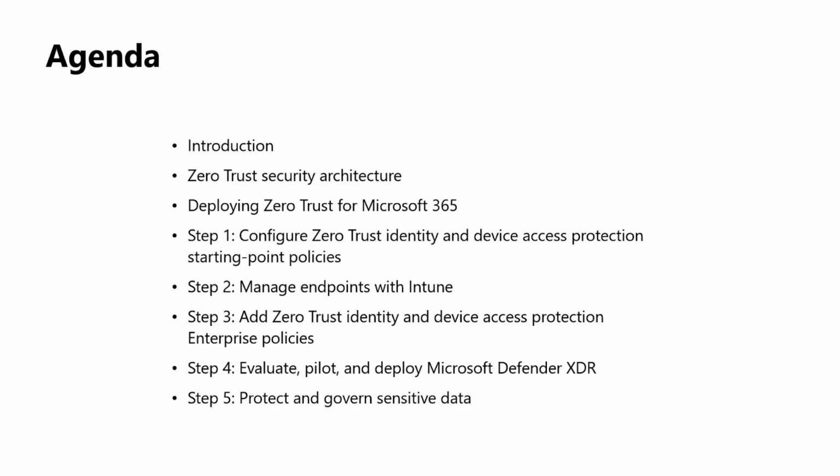So what we have today on the agenda is deployment of Zero Trust and a few essential steps for that. Configuring Zero Trust, managing, and so on. But anyway, let's get started.